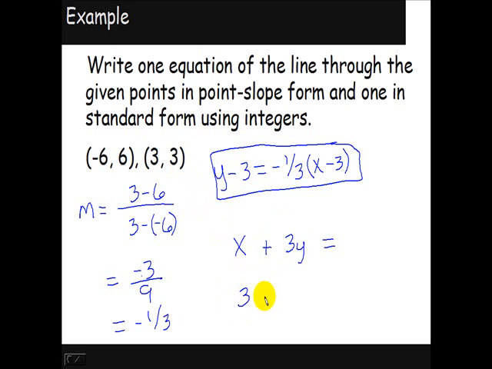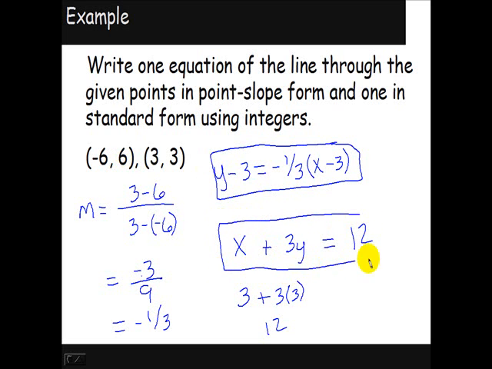I get 3 plus 3 times 3, or 3 plus 9, which is 12. So my c value is 12. Let's check that with the other point. If I put in a negative 6 and put in a 6, I get negative 6 plus 18, which is also 12. So that works out really well.